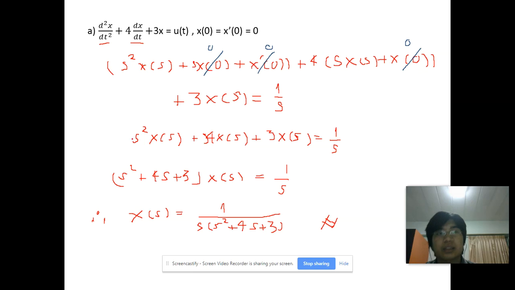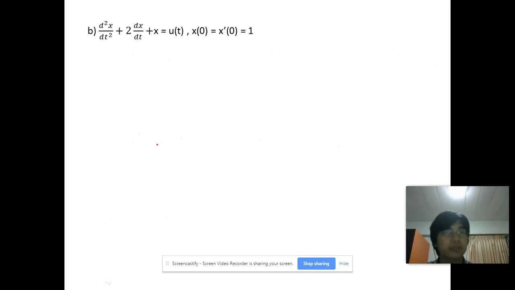And the next one, problem B, doing the same thing. This is the second derivative, first derivative, and take the Laplace transform of both sides.